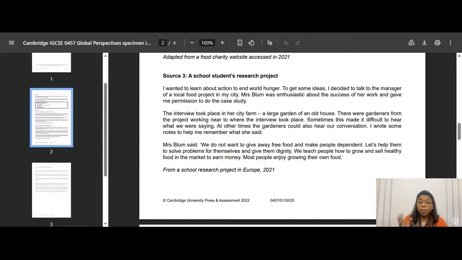Bias or vested interest? Yes, Mrs. Blum has some vested interest, and also if you see, sometimes this made it difficult to hear what we were saying. Again, over here it shows unclear information, or maybe an error in noting down, because the student was not very clear.